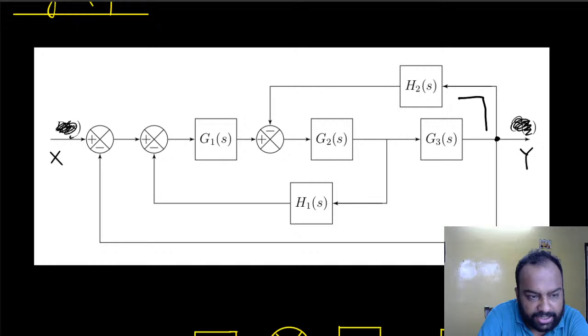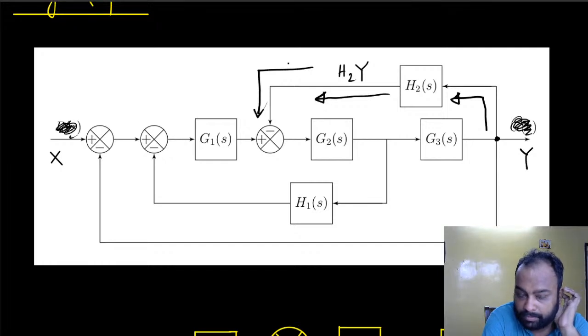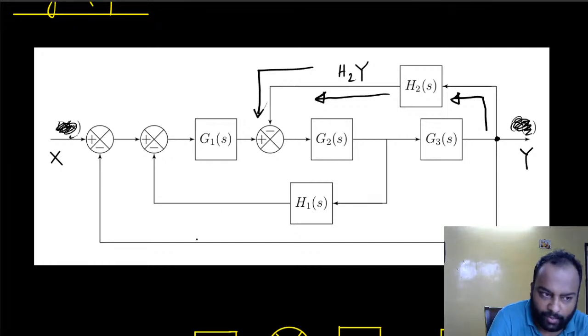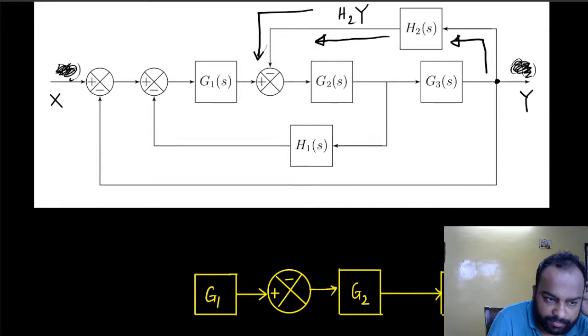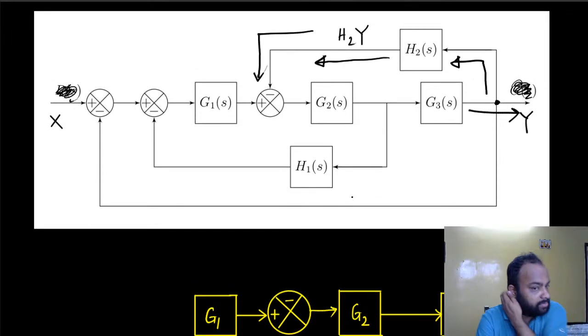So the output of G3 is going into H2, and whatever comes out of H2, that goes into the comparator block here, if that answers your question. So there are no two directions. This arrow is in this direction, because this Y is essentially the output of this system G3. That is what it is.